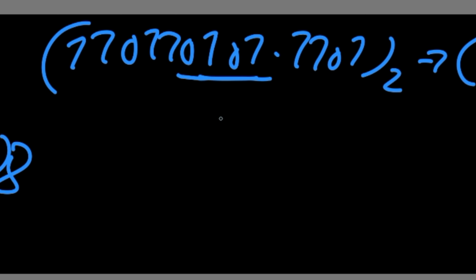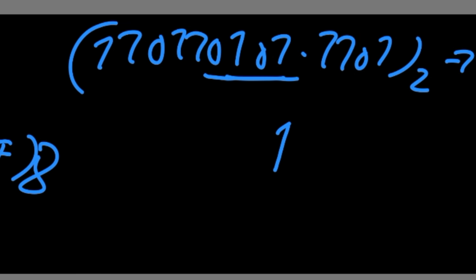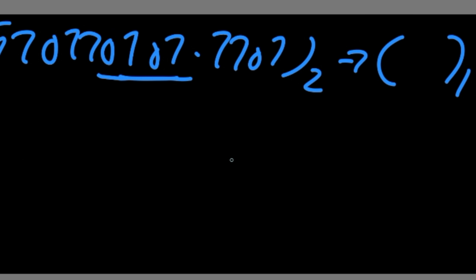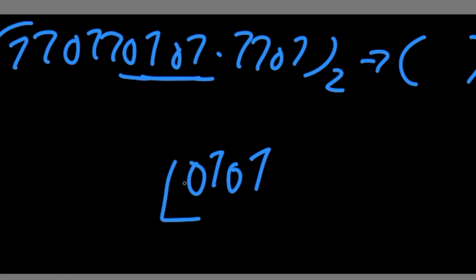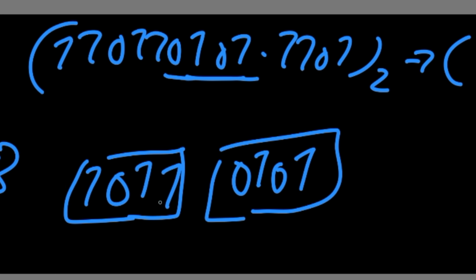So after grouping, let's first group the whole number. To group a whole number, we start from the right and go to the left. So it would be 1010, a group of 4. Then let's group another, 1101, another group.